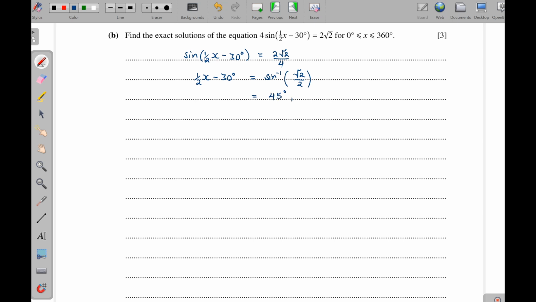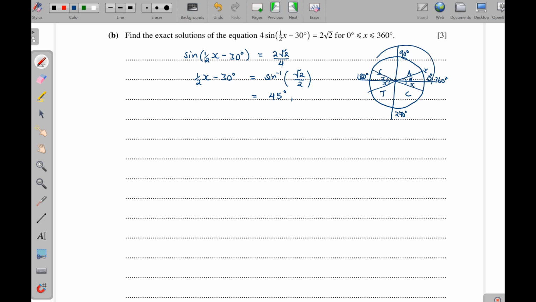But then we know that sine is positive in the first and second quadrant. Here in the third and fourth, it is negative. So this is 0. If this is 90, this is 180, 270, and then 360. If I have an angle x here, and then here, then also here, and here.